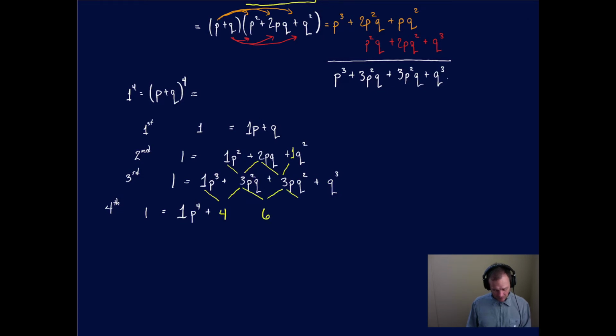And if I take this 3 and this 1, that's going to be a 4. And then we know that the same way the p's went down this outside edge, the q's are going to do the same. So we're going to end with a plus 1q to the fourth.